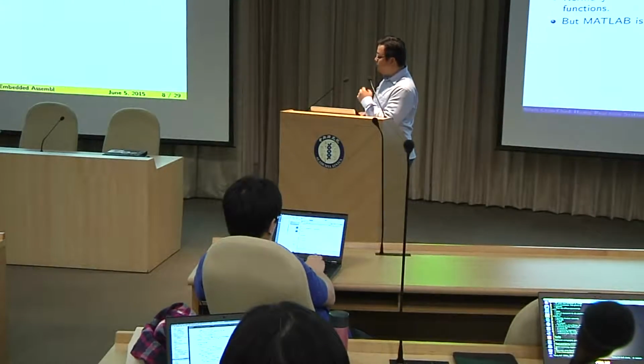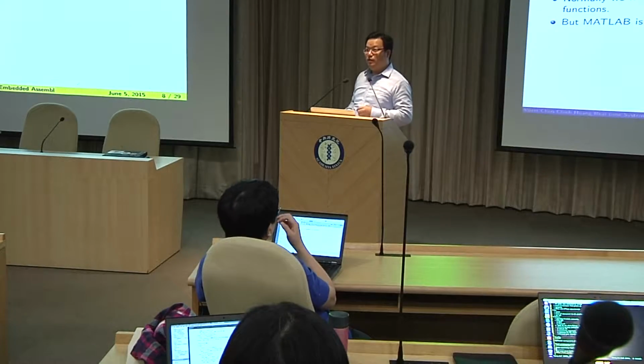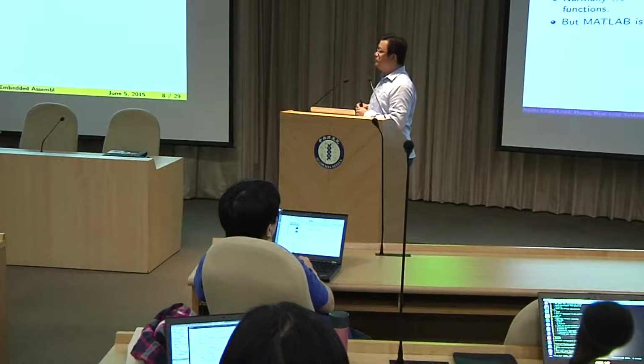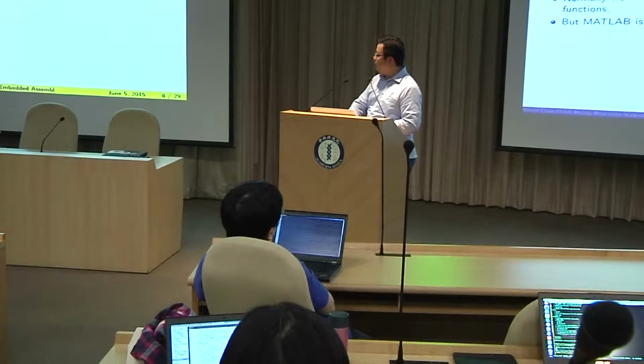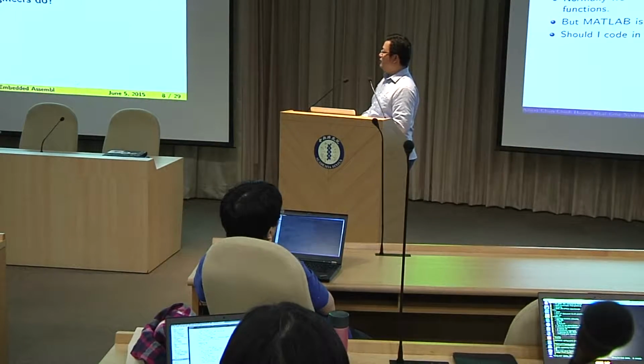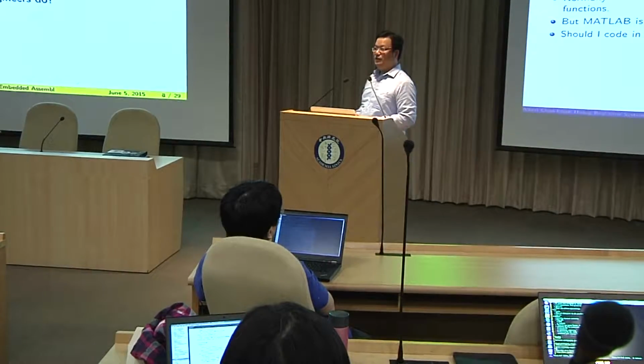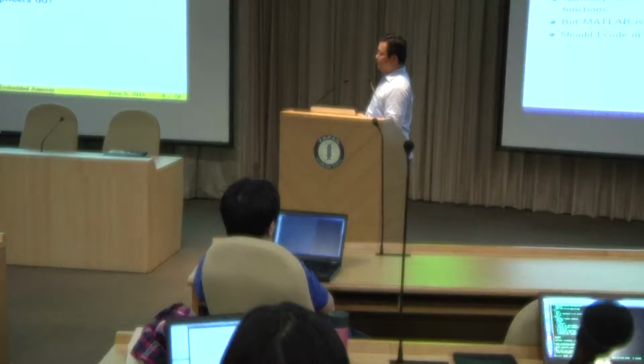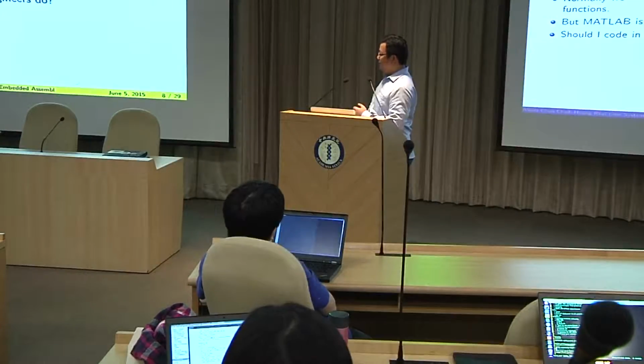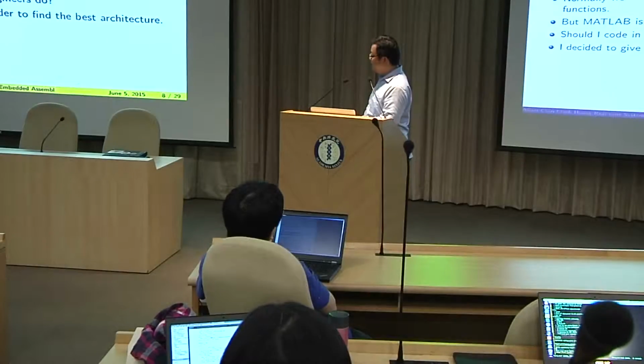But MATLAB is totally useless in building this parser. MATLAB is not for octet processing. Then other engineers do that in C, but for me, I don't like it. So I decided to give Python a try in order to find the best architecture.